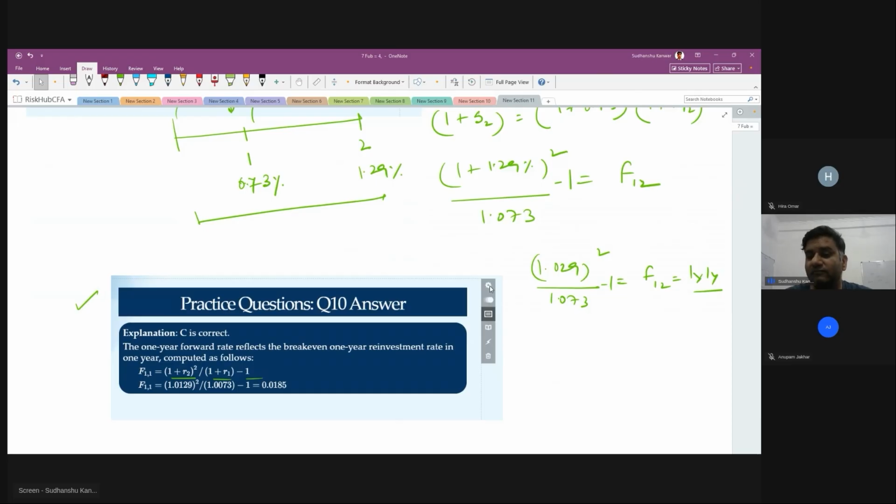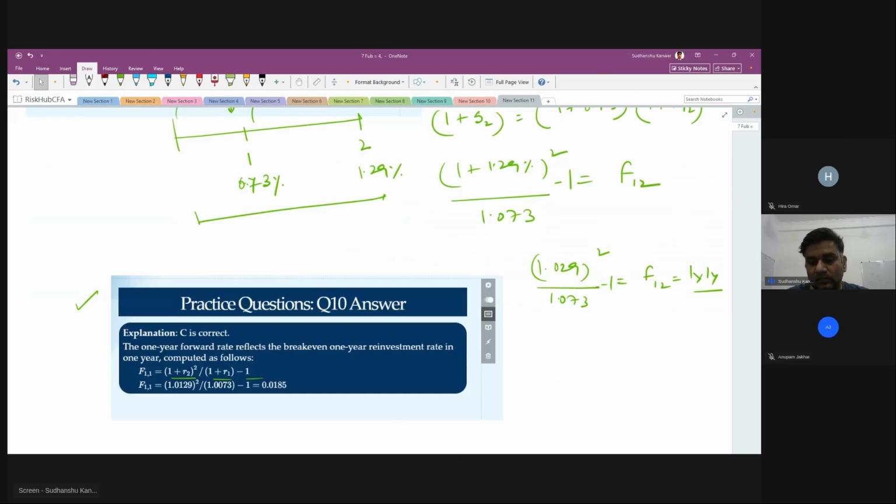So it will be F14, and 4 minus 1 will be the duration, not F13.